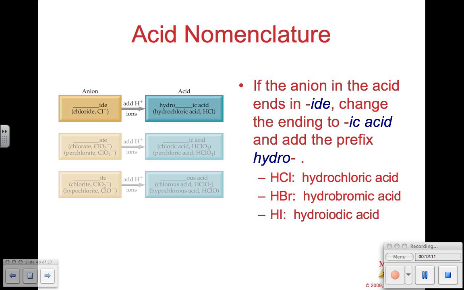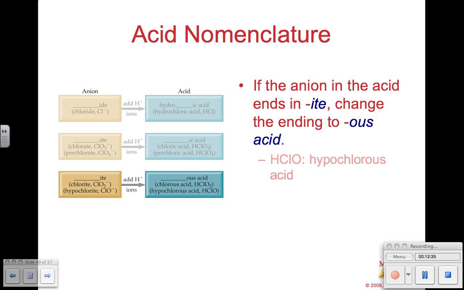Chloride is the ion, so we change the ending by adding -ic acid, so hydrochloric acid: hydro for the hydrogen, and then the -ic acid indicating that it behaves as an acid. All of the halogens behave that way, so you could have hydrofluoric acid, hydrochloric, hydrobromic. Hopefully you can see the pattern there.